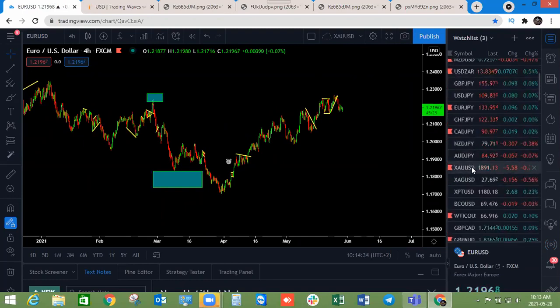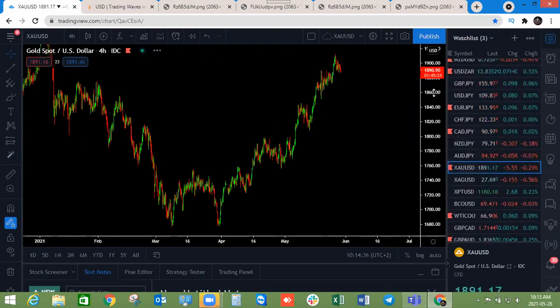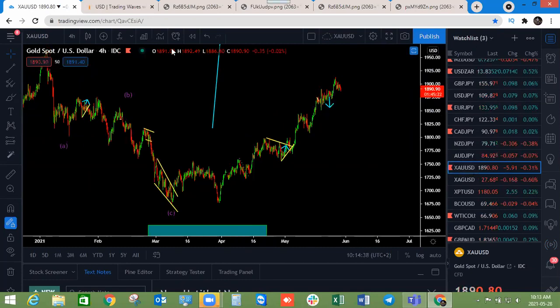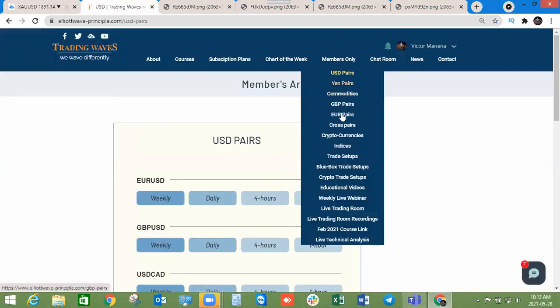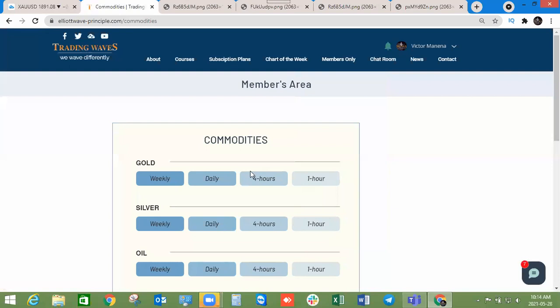Not all commodities, I'm just going to look at gold first. So gold as well, I'm looking for a pullback here. Let's go to the chart on gold around here. Let's go to gold on commodities. Let's look at the 1 hour.